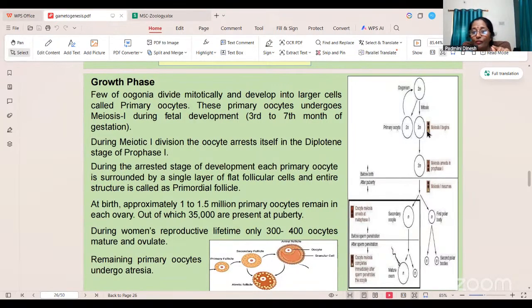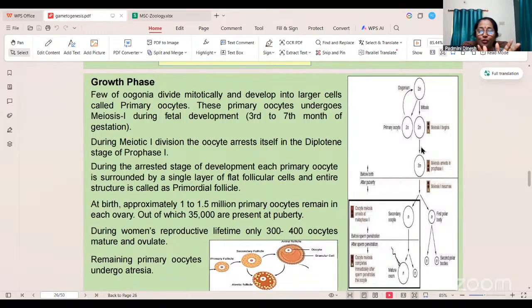Now, what is happening over here? The meiosis 1 gets arrested at prophase 1. What is prophase 1? All the chromosomes of the parents have undergone crossover and exchange of information, and they get arrested at that point. Now, the child is born.